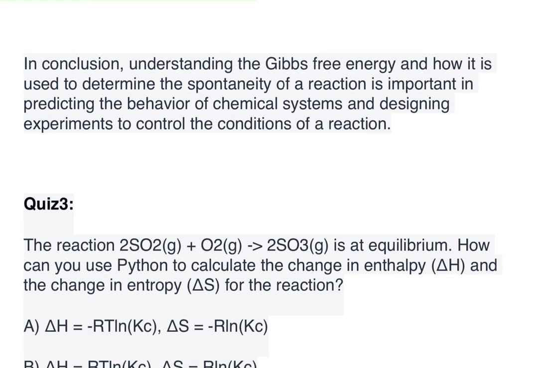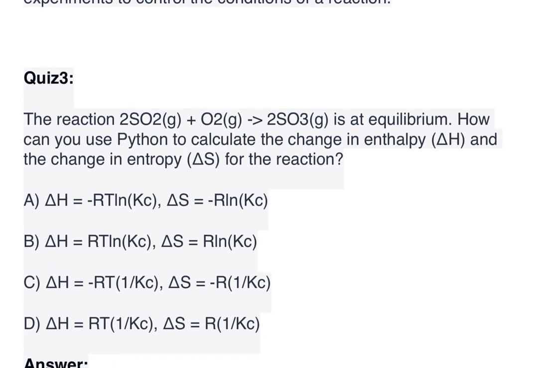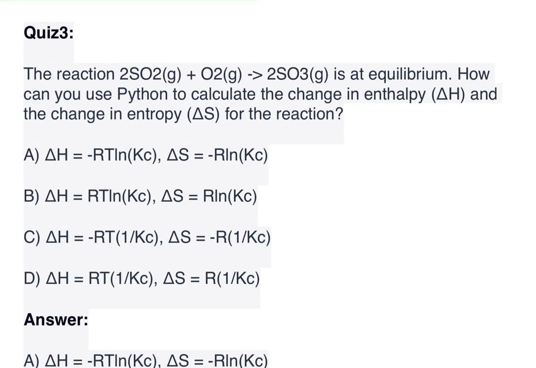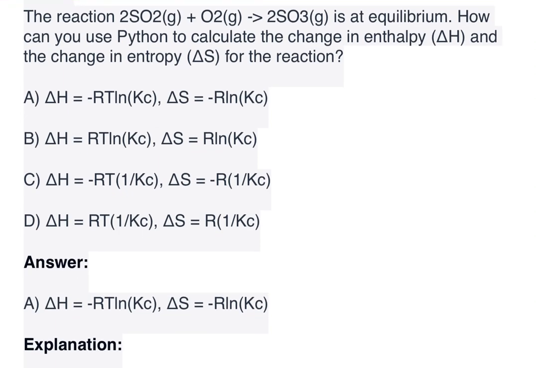Quiz 3. The reaction Q versus K, G versus, is at equilibrium. How can you use Python to calculate the change in enthalpy, dH, and the change in entropy, dS, for the reaction? A. dH = -RT ln Kc, dS = R ln Kc.